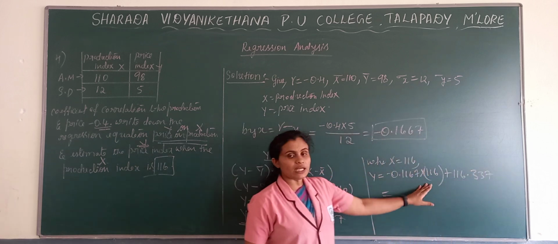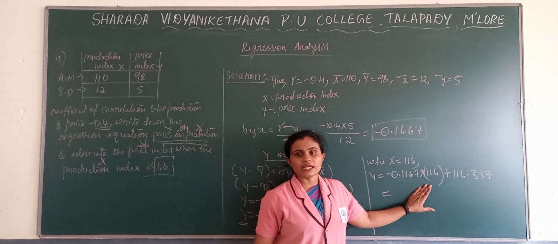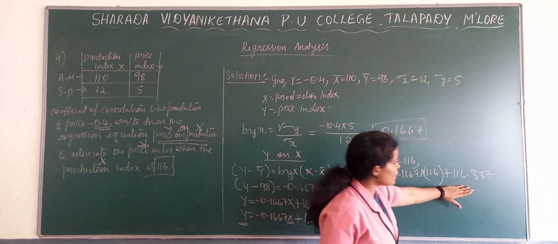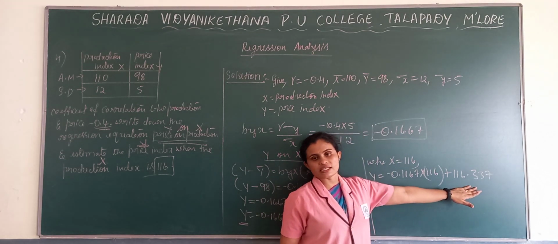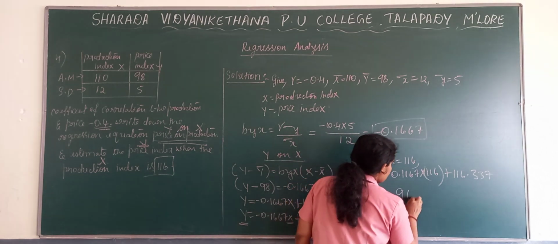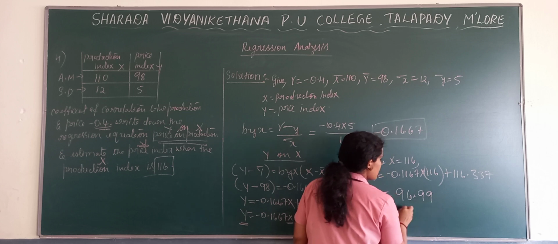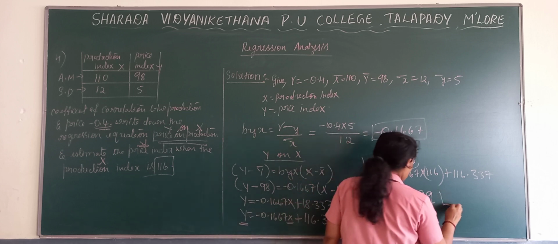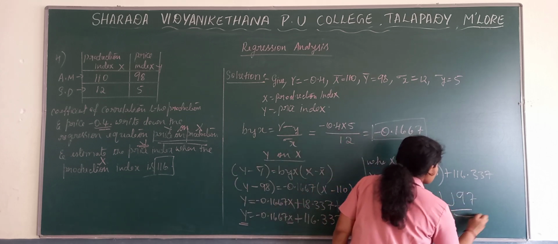So when we multiply here 116, and after multiplying we need to add with 116.337. So we get there, that is 96.99 at the end value. So approximately 97.